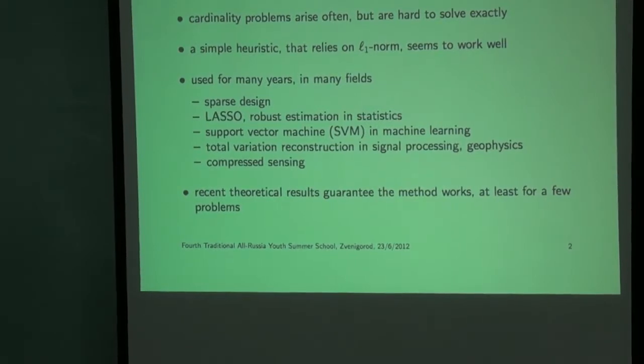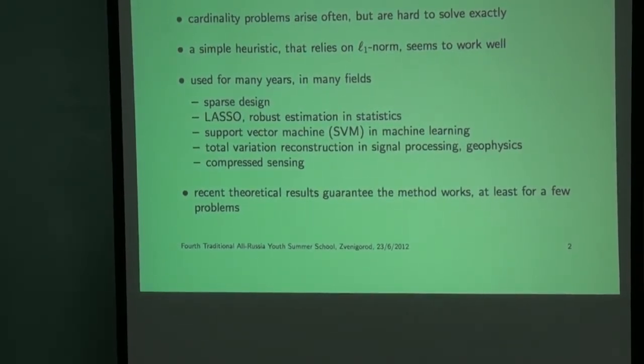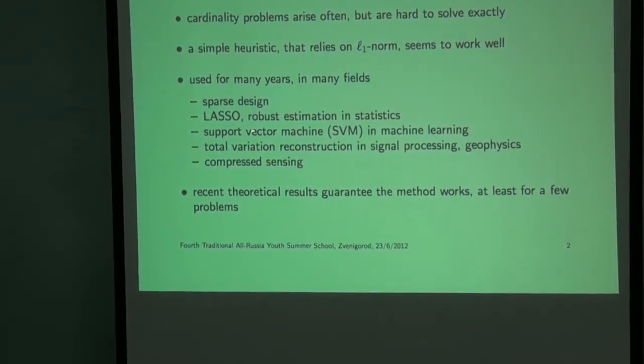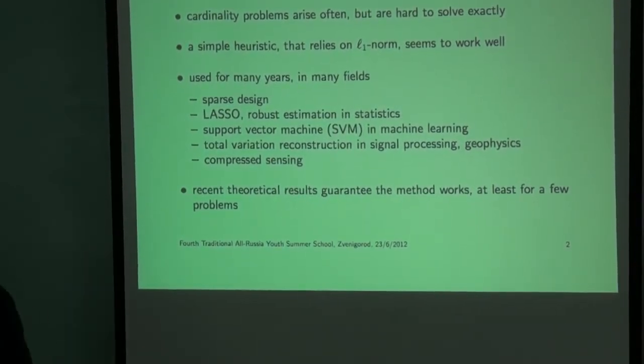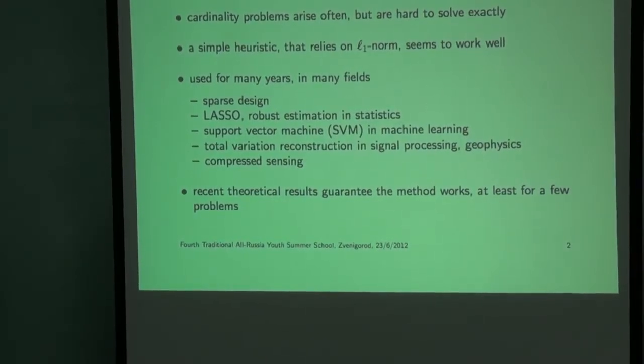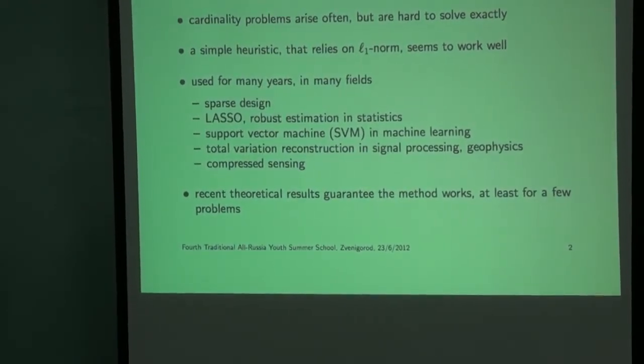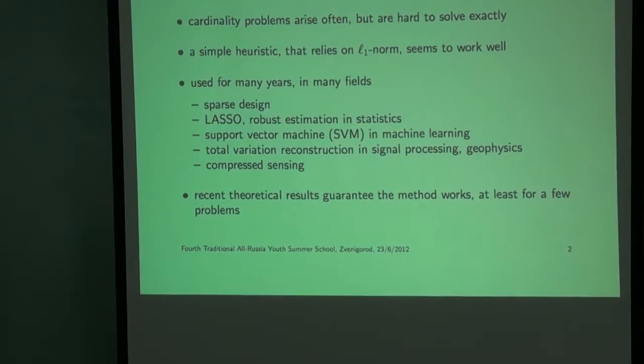Although it's very fashionable in the last 10 years, in fact, it's been used for 50 or more years. It's been used in engineering for sparse design. I'll explain that when we come to it. It's the basis of something called lasso, which is something like least absolute sum something, I don't know. And also robust estimation in statistics. It is in fact the basis of the support vector machine and machine learning for classification.